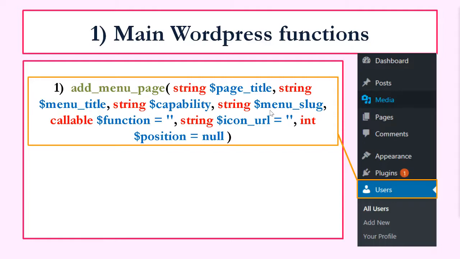The menu slug. This is a unique name for our menu page. This is the name that WordPress will use to identify the main page. The function. This is a link to a function that we will create later. This function will tell WordPress what will be on the main page. The icon.